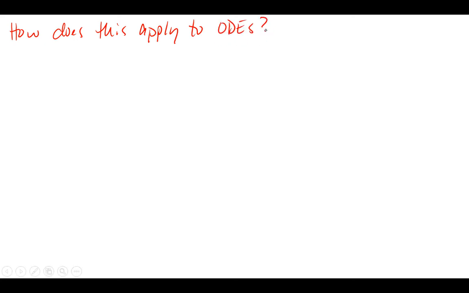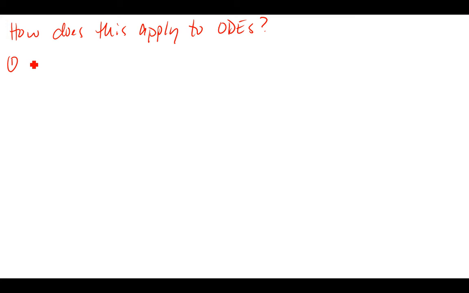Well, let's see. So how does this apply to solving, or at least just to ODEs in general? What does our ODE usually have in it? It has things like y and y prime and y double prime, if it's a second order ODE, which most of these will be.